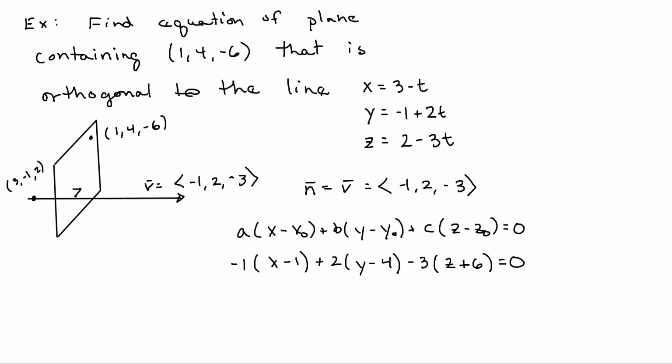We can mix lines and planes together, so you could have two planes and be asked to find the line of intersection of the two. You could have a line that lies on a plane and then be asked to use that information, and some other information, to find the equation of that plane. So there's a number of different ways we can take lines and planes and previous information and combine them all to make very complicated, challenging problems. And so I'm going to go over some of those problems in a separate video.